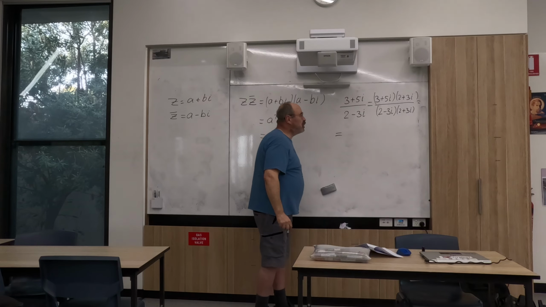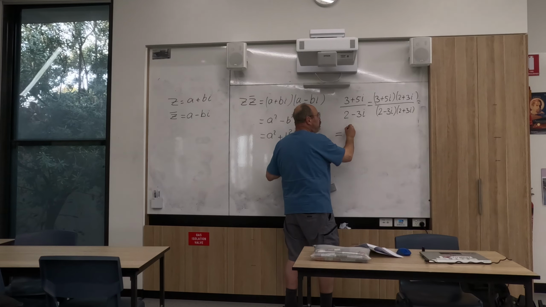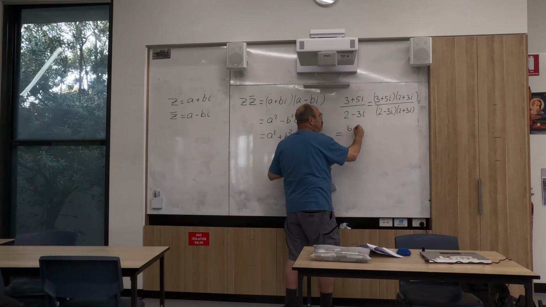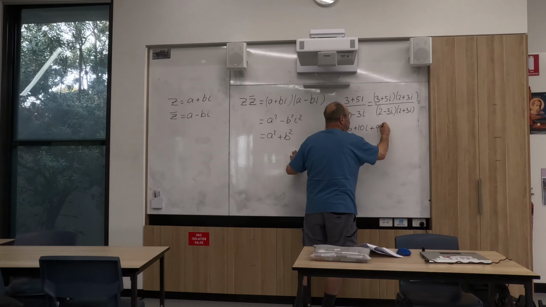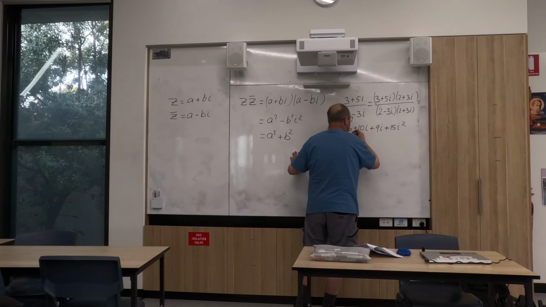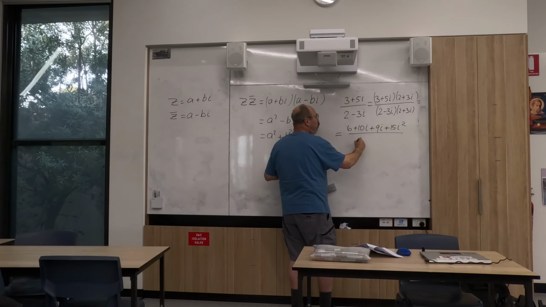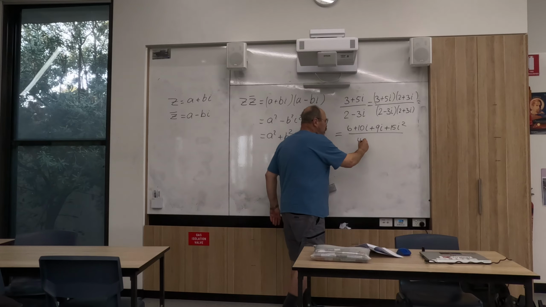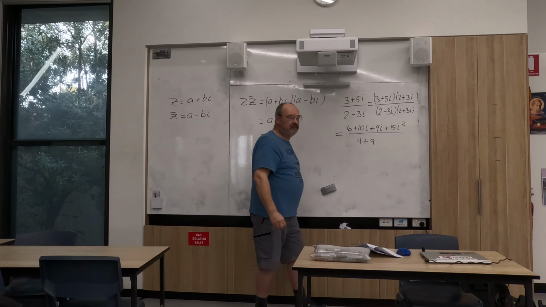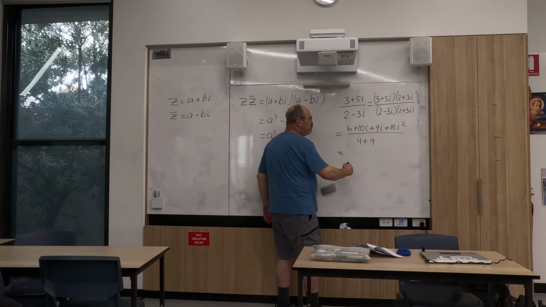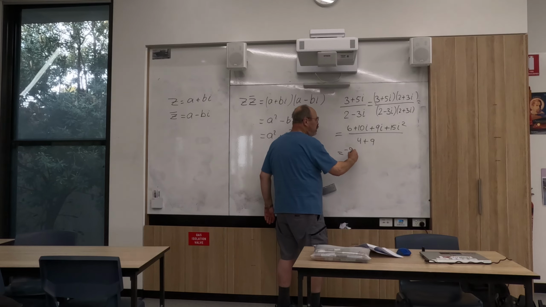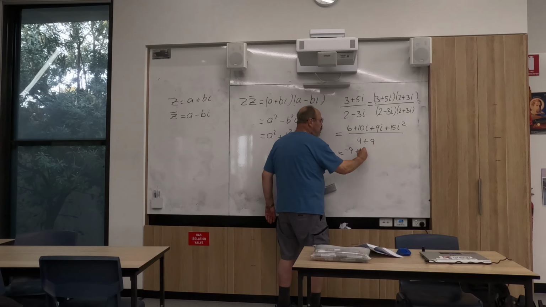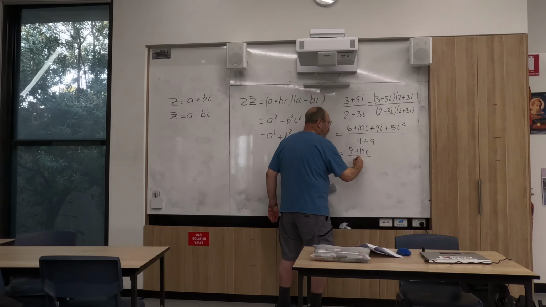Expanding brackets in the numerator, we have 6 plus 10i plus 9i plus 15i squared over 4 plus 9. 15i squared is minus 15, so we get minus 9 plus 19i over 13.